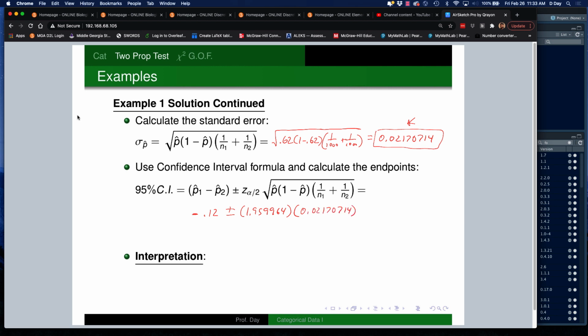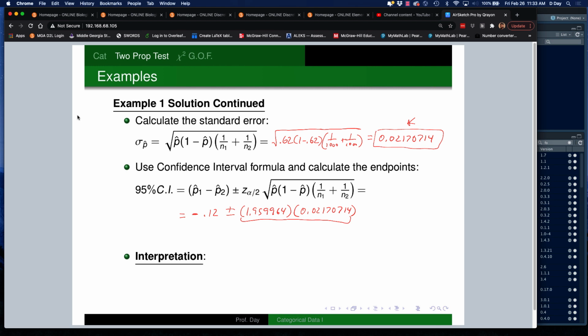All right. So when I take negative 0.12 and add that value, and subtract that value from the negative 0.12, I get two different values.